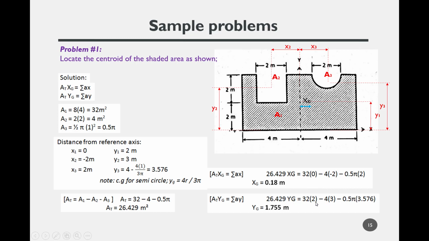So, here, 2, 3, and 3.576. So, pag sinubstitute mo lahat yan, makukuha natin 1.755 meters. So, yan ang difference ng dalawa. So, makita mo yung xg, ito yung yg. Ito yung sukat ng kanilang centroid.